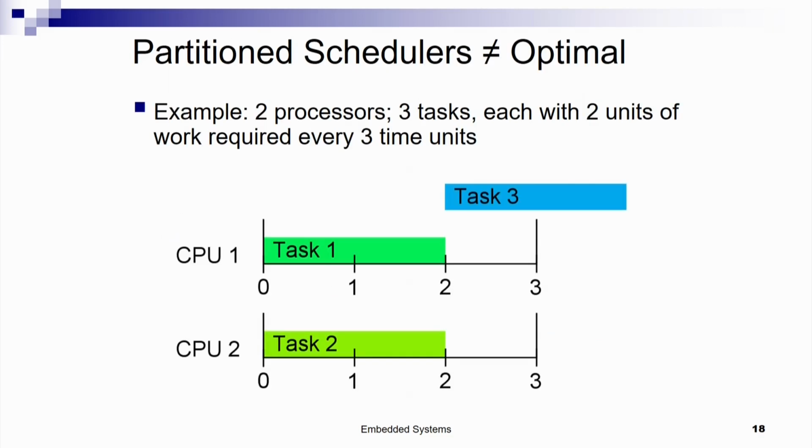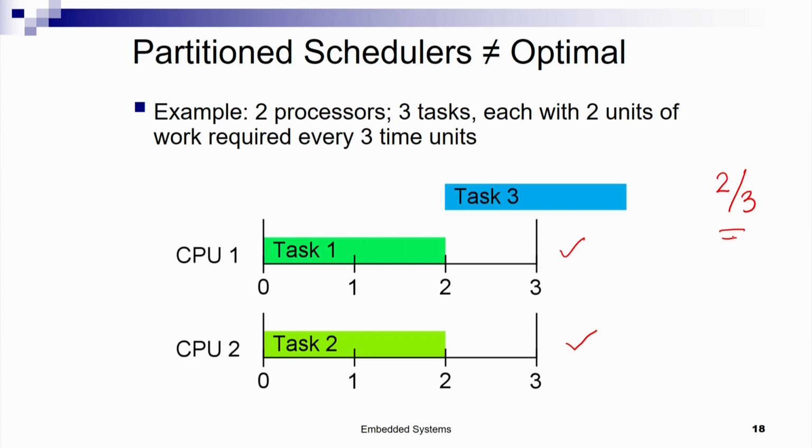Now, partition scheduling, although it is sometimes used because we can use well known uniprocessor scheduling algorithms and migration overheads are also low, often produces very poor resource utilizations. For example, we will take this case where we have 2 processors, CPU 1 and CPU 2, and we have 3 tasks, each of whose utilization is 2 by 3.